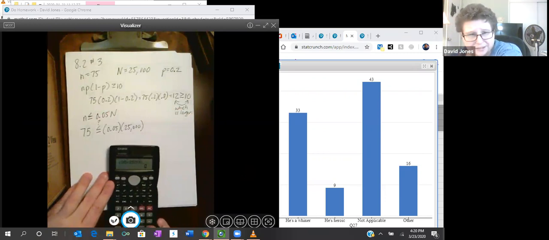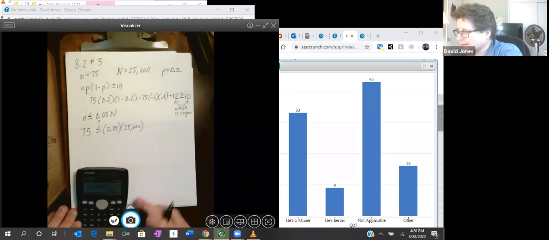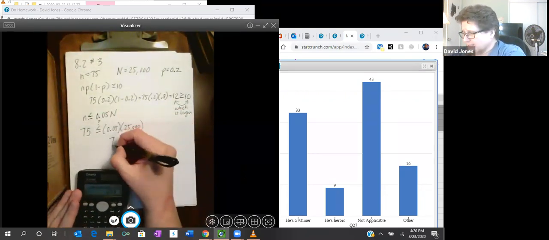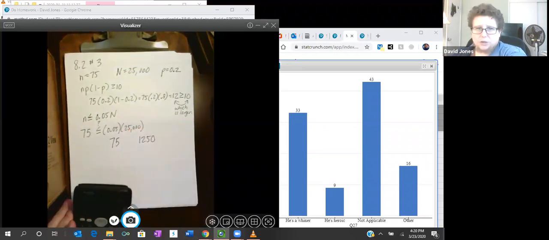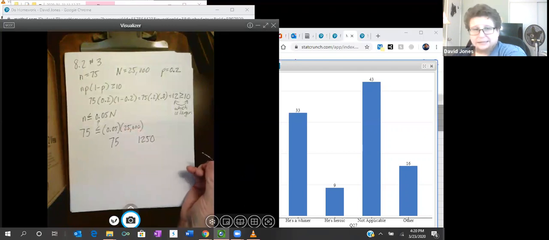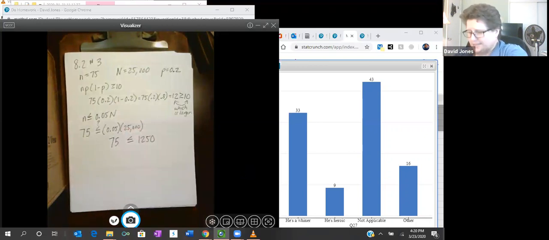Make sure you put enough zeros in. 0.05 times 25,000 is 1,250. Which one of these is larger? The 1250 is larger, so 75 is less than 1250.